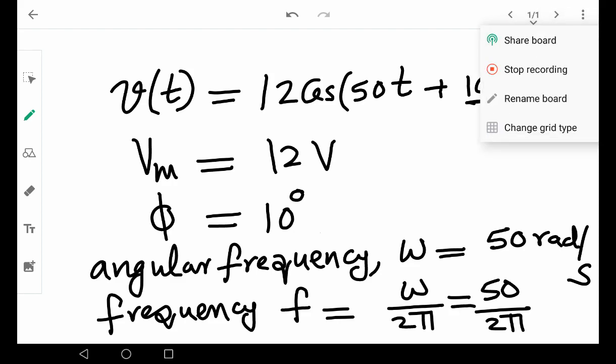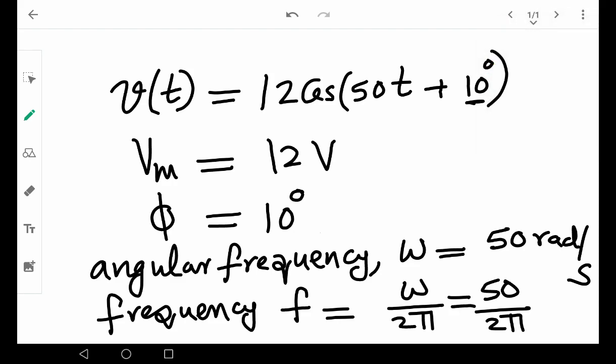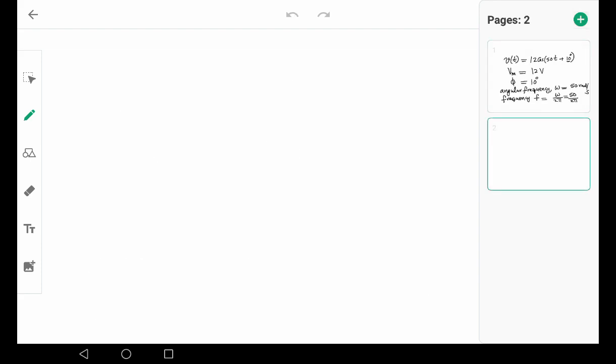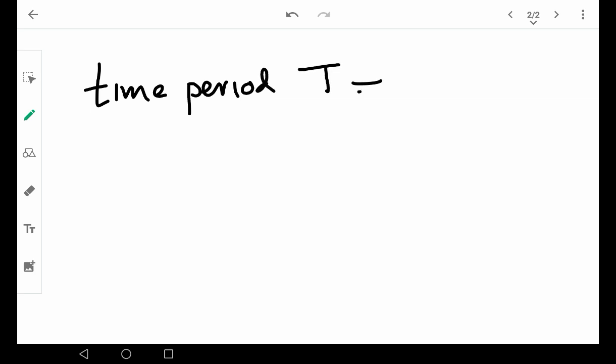Now we will have the time period. The time period is given by T equal to 1 by f, isn't it?